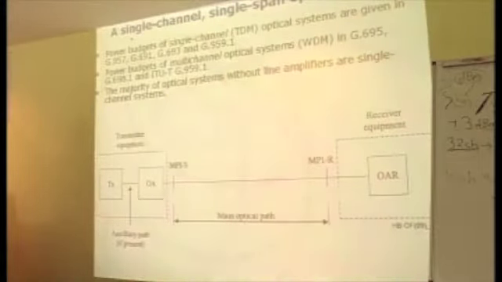The majority of optical systems without amplifiers are single-channel systems. This is not always true. You may use a WDM system for a single-span optical system, but it's not so popular or common, meaning we don't see WDM systems without amplifiers very often.